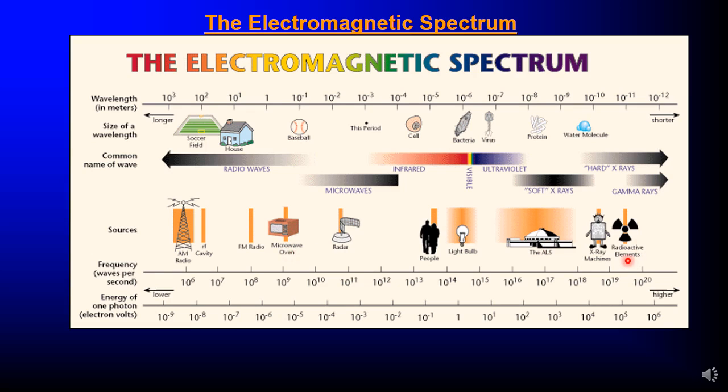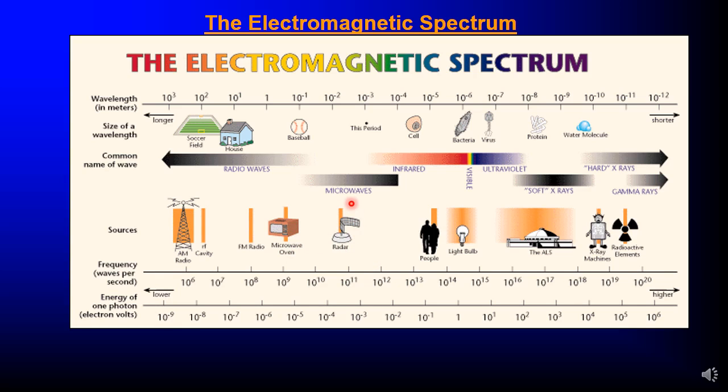You will find that the longer radio waves are the ones that help us to listen to our radios. So you can see AM radio, you can see FM radio. Then the microwave, the ones we use even in our ovens.